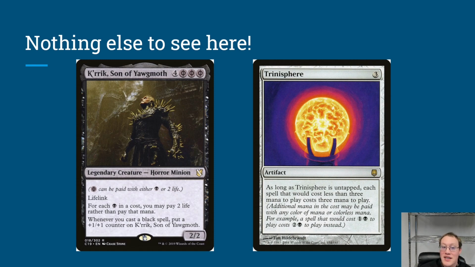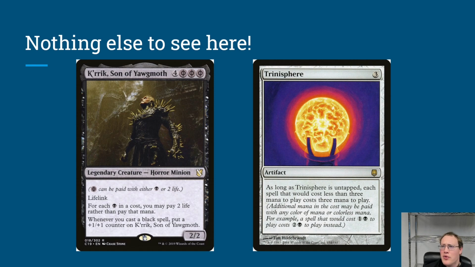So it's going to work exactly the same way as with the Treasure Cruise example, where we start out by looking at the cost, and Trinisphere is going to vet it to make sure it's 3 or more. And then after that, when we're actually paying the cost, we have to make some more decisions about whether we're going to be paying mana for that stuff or whether we're going to exile some cards, or in this case, pay 2 life.